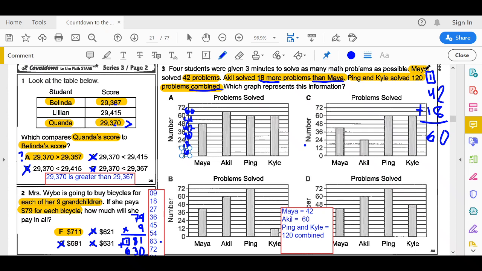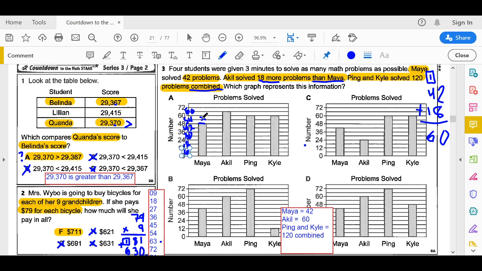Now, first let's start checking on Maya. Maya has 42. So let's see if the first option says 42. Maya is right here. The bar ends right here, and that one says 48. So we know that this option cannot be correct.